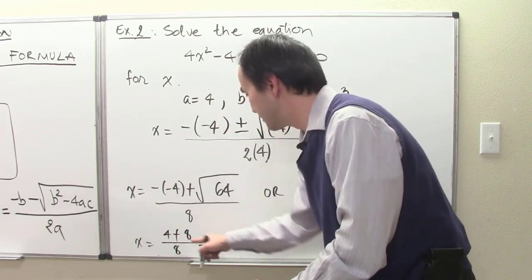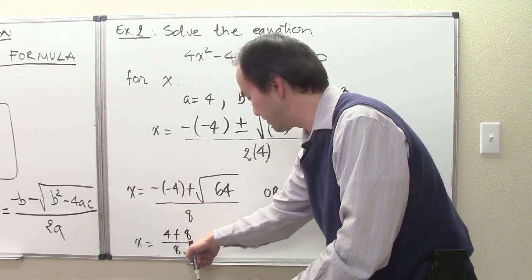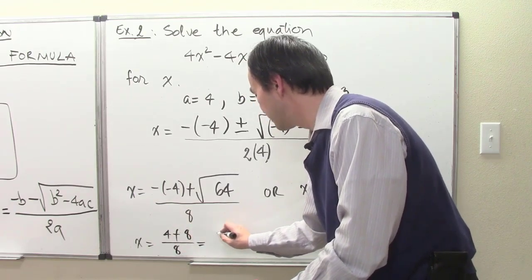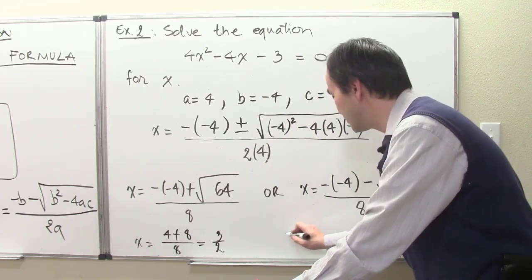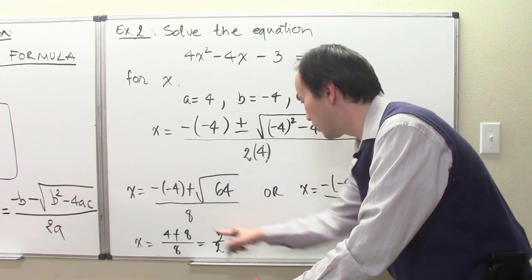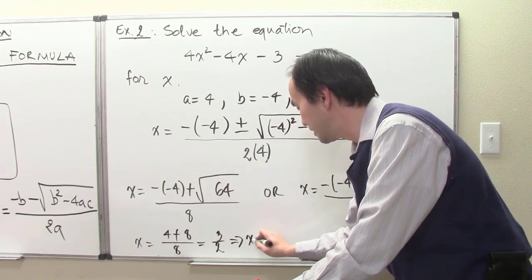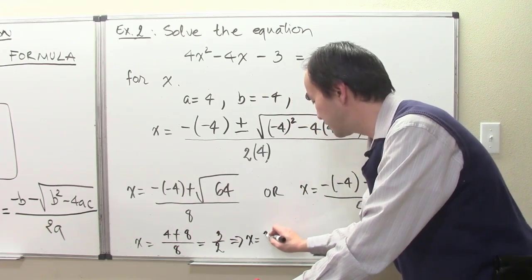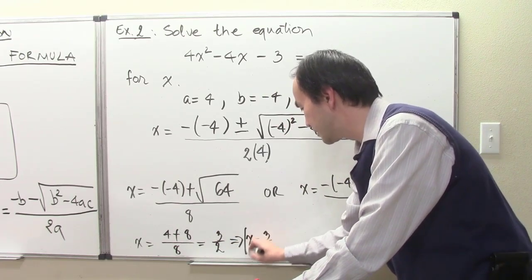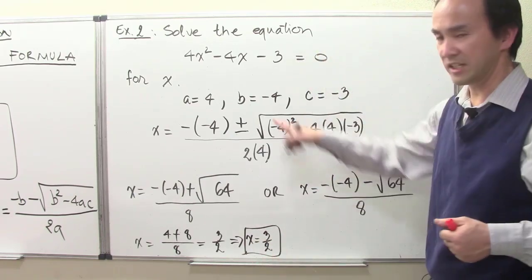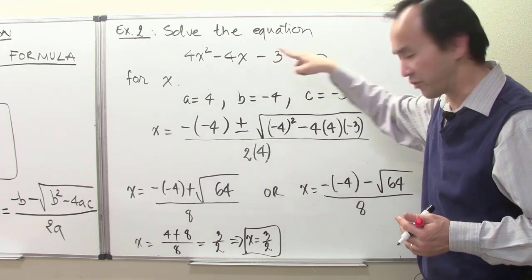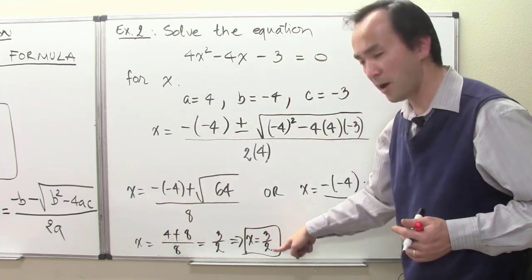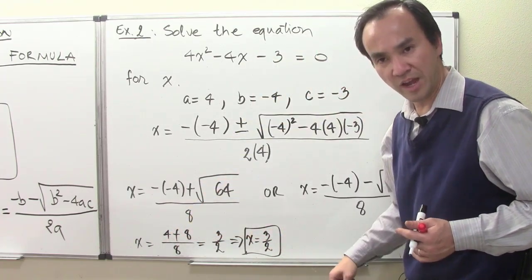So 4 plus 8 is 12, divided by 8, which gives me 3 halves. That means on one hand the unknown is found to be 3 halves. What it says here is that in order to reach equality of this equation, the unknown as one possibility may equal 3 halves.